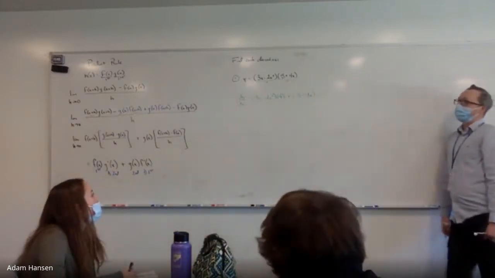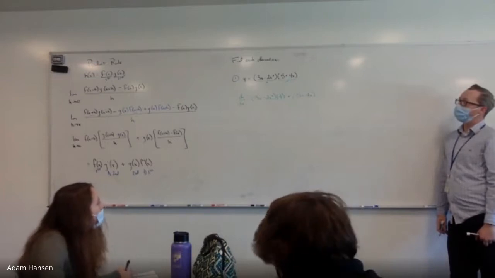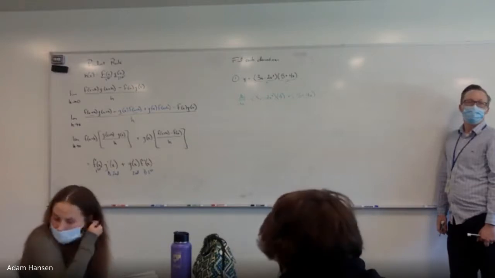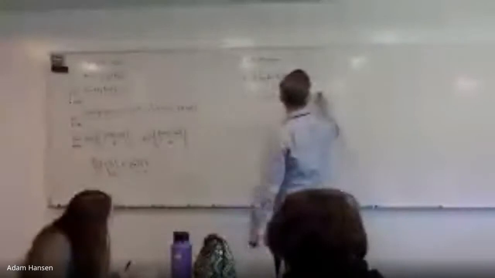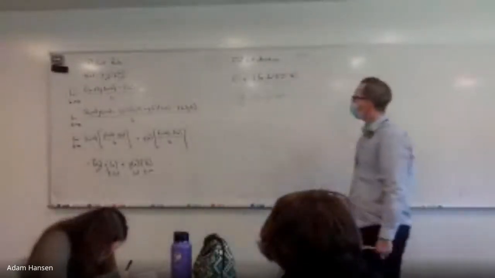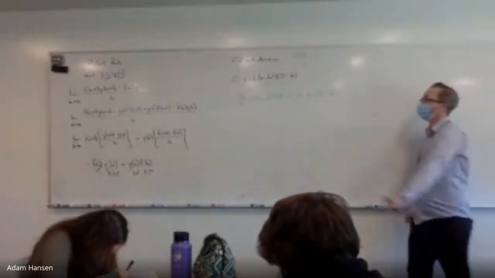Plus the second times the derivative of the first. What is the derivative of 3x minus 2x squared? 3x has a derivative of 3, and 2x squared gives 4x. There is my derivative using the product rule.